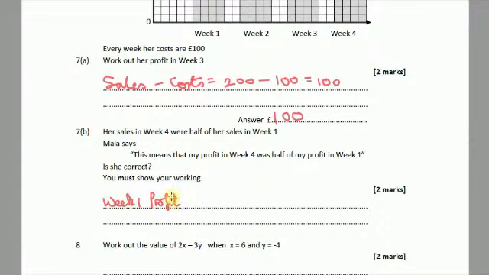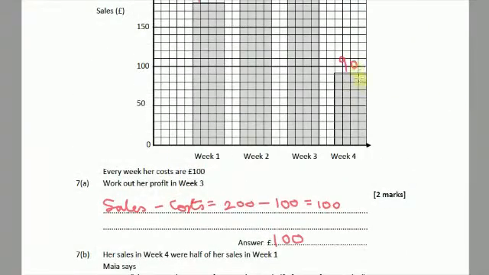In week 1, the profit was 180 minus 100, because the costs are always 100, comes to £80. And in week 4, the profit will be her sales of £90, I think it was.